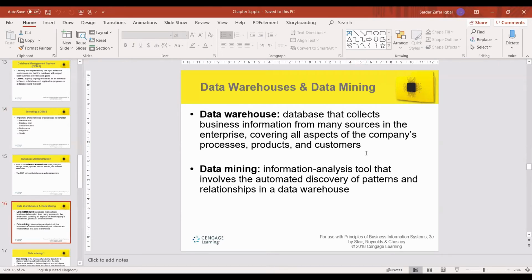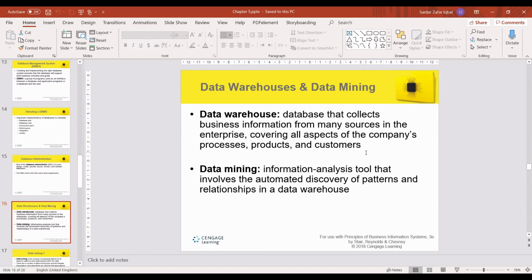So we are digging into the warehouse, into the database, just to explore, to discover the related data. That's what we are looking for in that. So did you get the concept of mining, data mining? Gold mining, you are digging to explore the gold. Coal mining, you are digging to explore the coal.